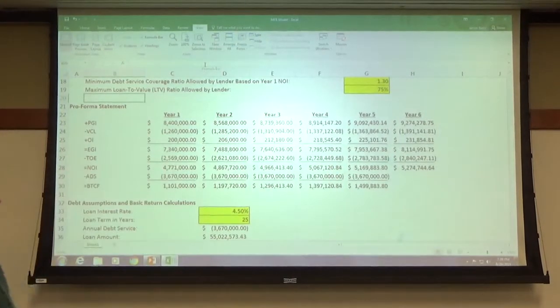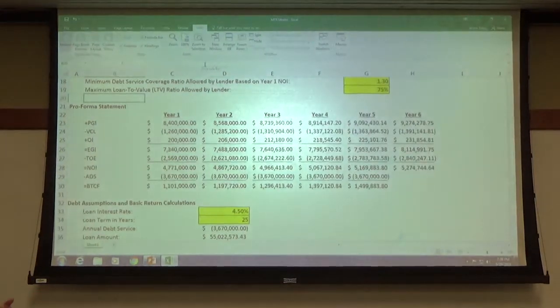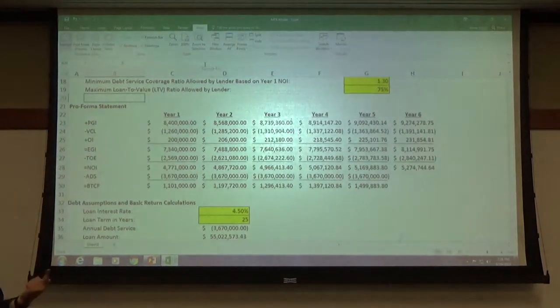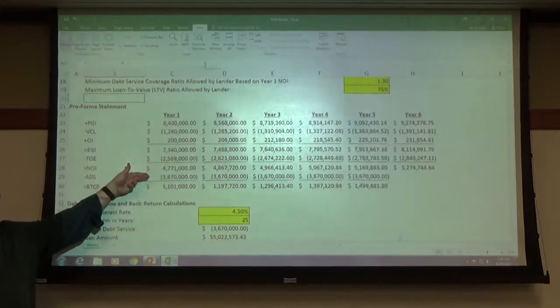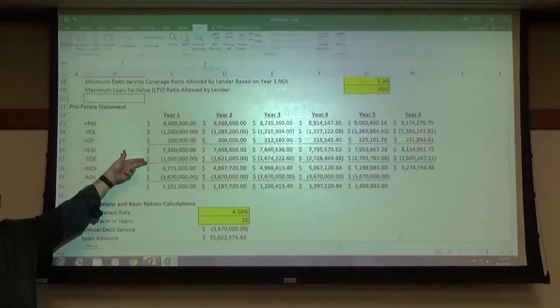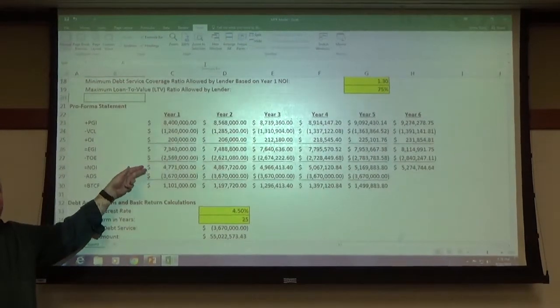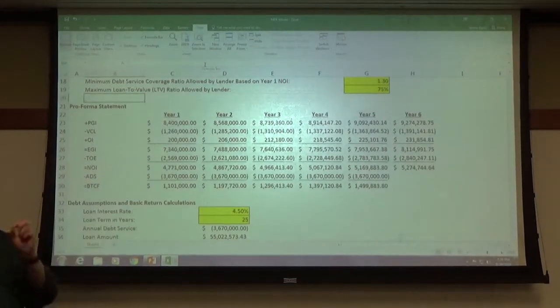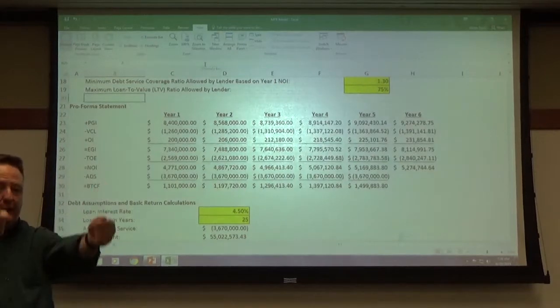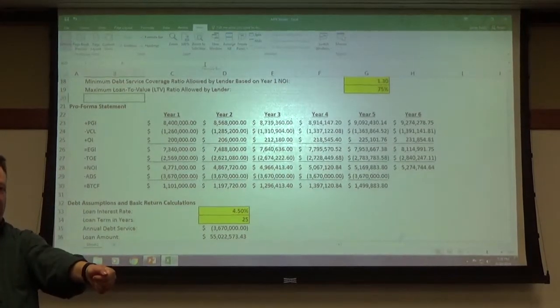All right, so here's what's interesting about this. Have we talked about an interest rate? Have we talked about a loan term? Have we talked about any of that? No, because that's not what the lender is looking at. They're looking at this strictly based upon what dollars are being generated by the property and what dollar amount they're willing to say to you, we want from you each and every year.